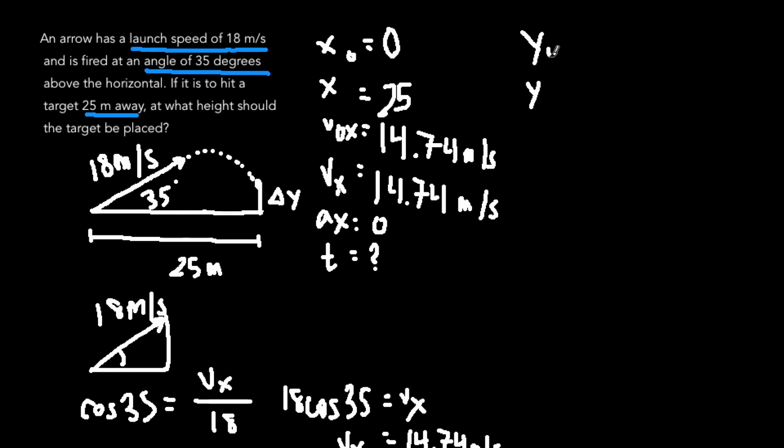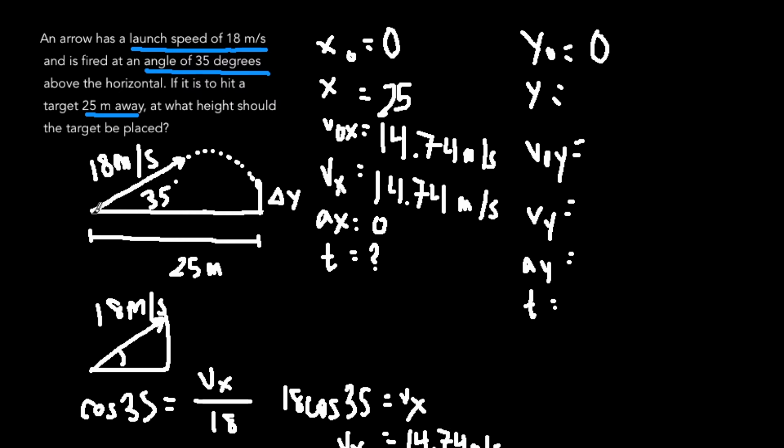Okay, so y naught, y final, initial velocity in the y direction, final velocity in the y direction, acceleration in the y direction, and time. Let's say y naught is 0, and we have to establish which side is positive and which side is negative.